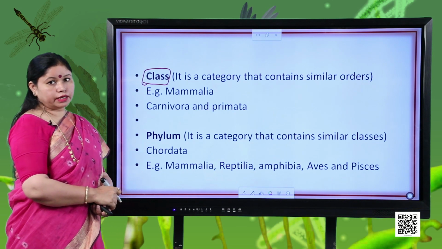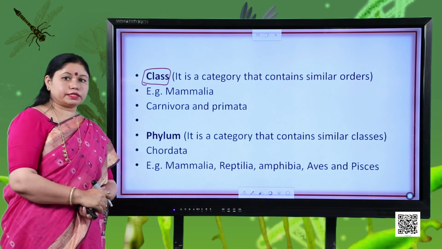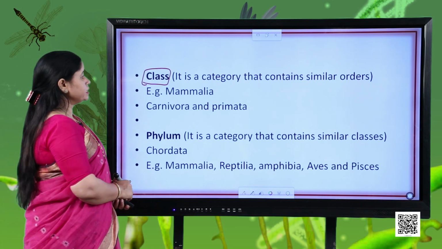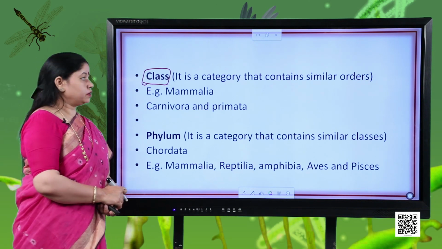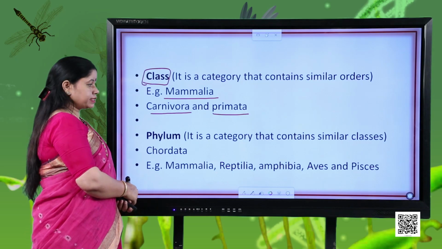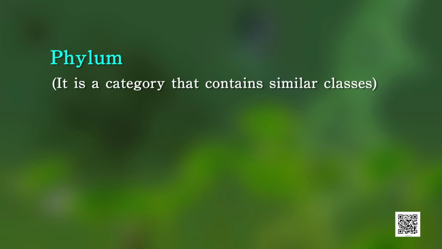Moving towards the next taxonomic category, class. Class is a category, you will say rank, you can say taxon. It contains similar orders. For example, class Mammalia contains order Carnivora and Primata. There are more orders also included in this Mammalia. Let us move to the next category, that is phylum. Phylum is a category that contains similar classes.